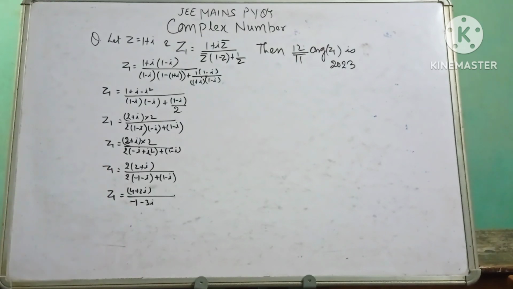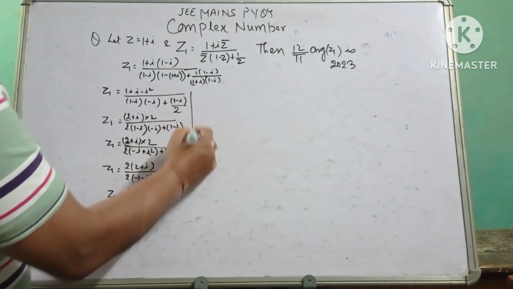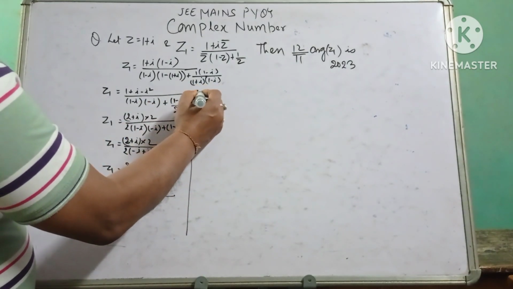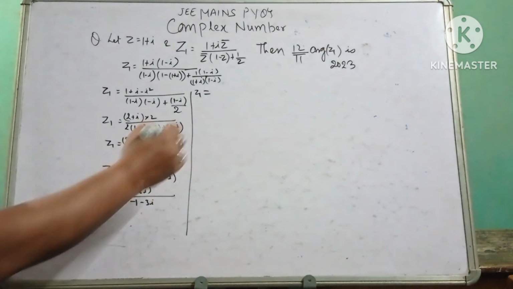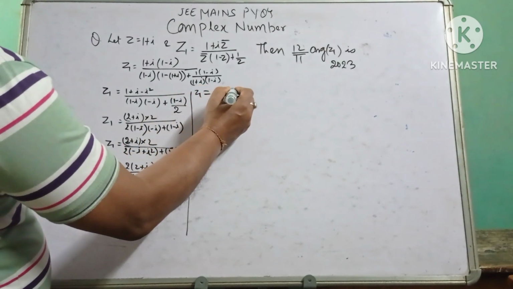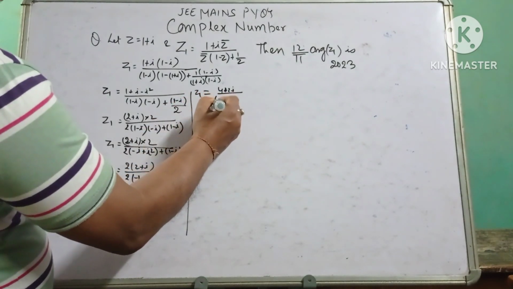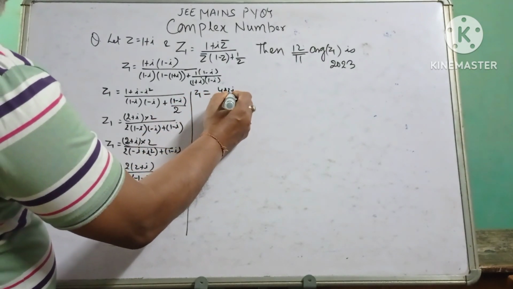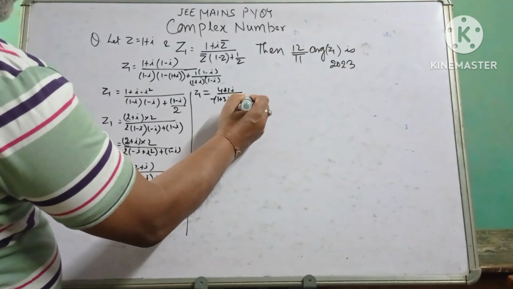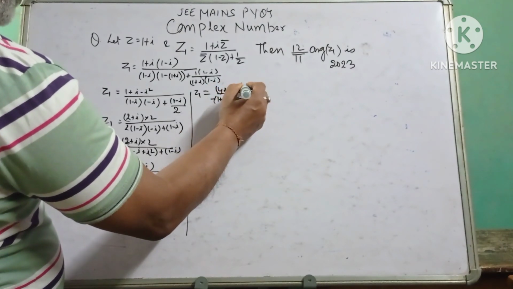Again I am going to rationalize it. So z1 is equal to 4 plus 2i by minus 1 plus 3i, multiplying by 1 minus 3i, and here again 1 minus 3i.